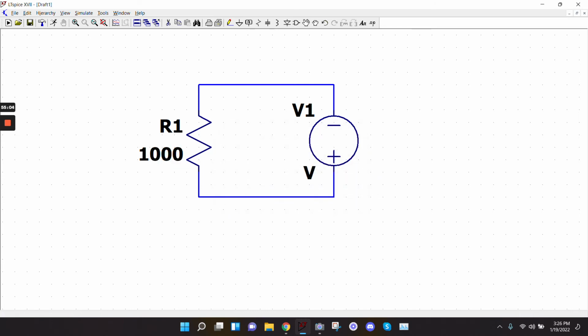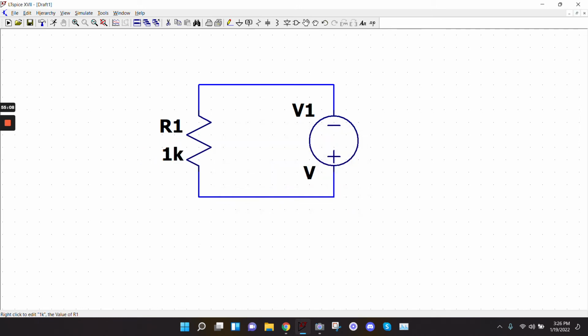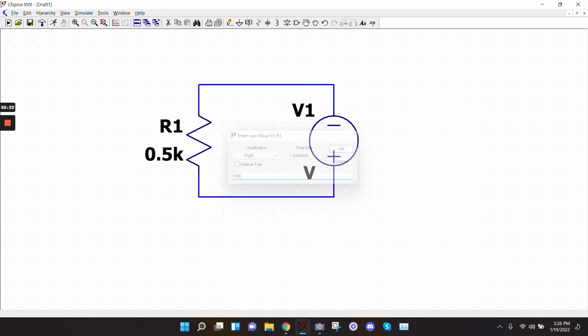So get in the habit of using the prefixes like 1 kilo ohm. But know that if you don't, for example, let's do half of 1,000. Half a thousand is 500. So if I write 500, that's perfectly valid. And so is 0.5K, right? That's half of 1,000. So that works just the exact same in Spice. It'll recognize it exactly the same.